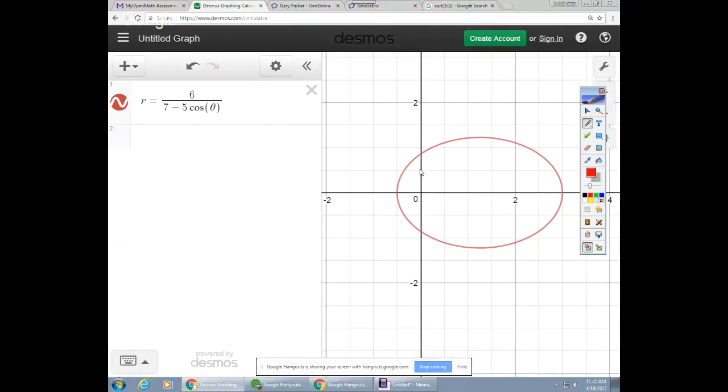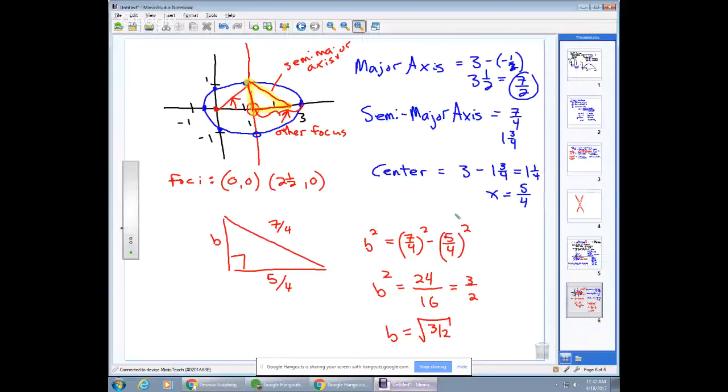Looking at my GeoGebra graph, this would be 1, that's 1.5. So it goes about as high as 1.2 from the axis. That looks reasonable to me. We're in the ballpark there. All right, so a little bit of blending rectangular and polar coordinates there.